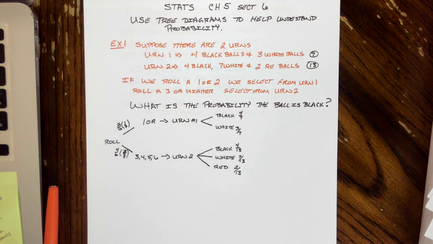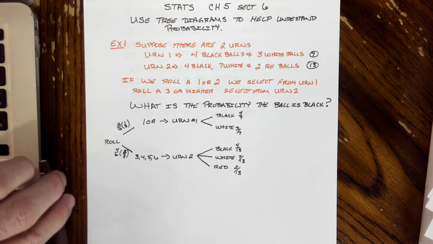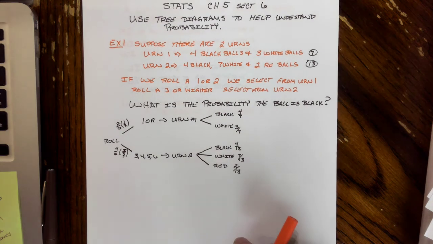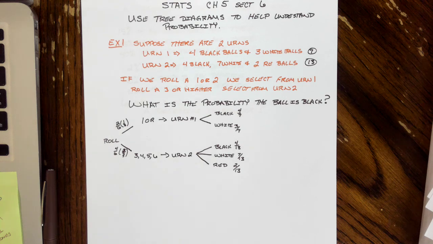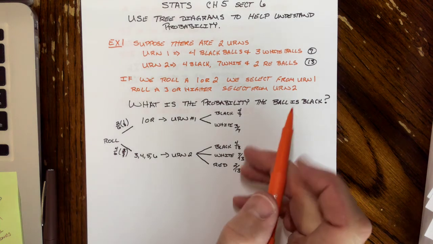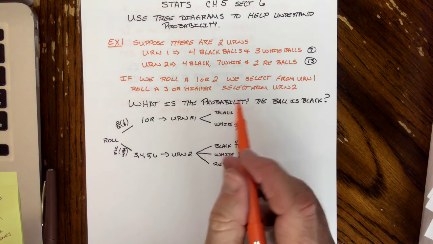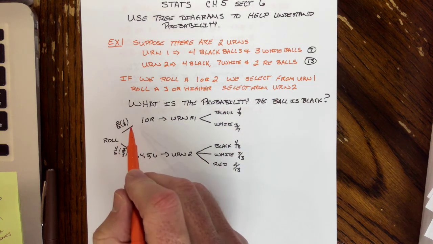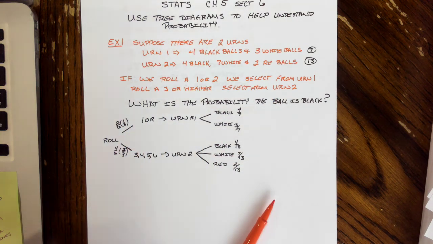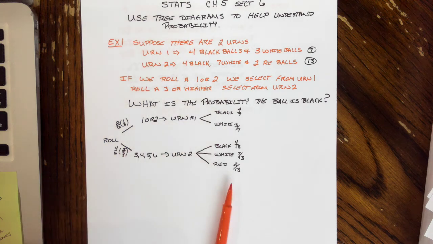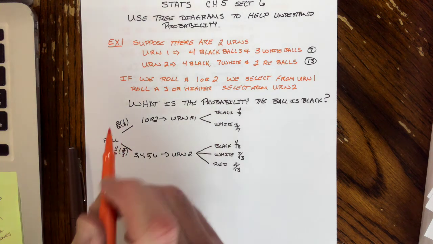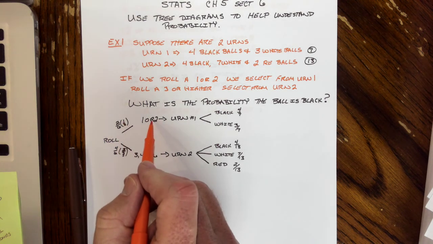So there's what we got going on. Which, as you look at this, we want the probability of getting a black ball, but depending on what urn we choose from, changes our probability. So if we roll a 1 or 2, we have a 1 out of 3 chance of getting this.